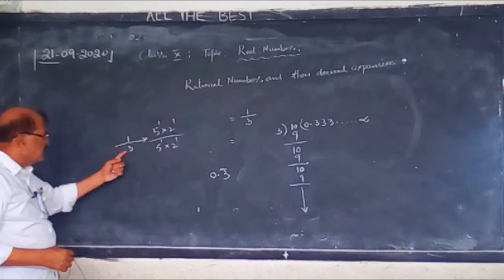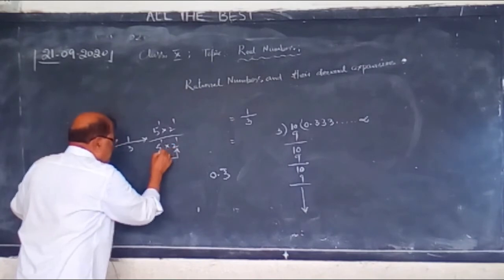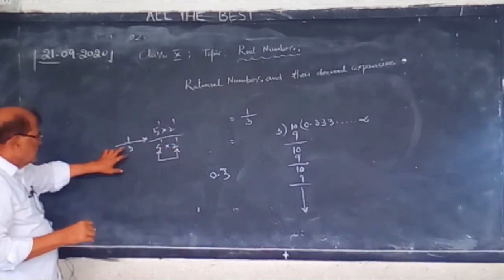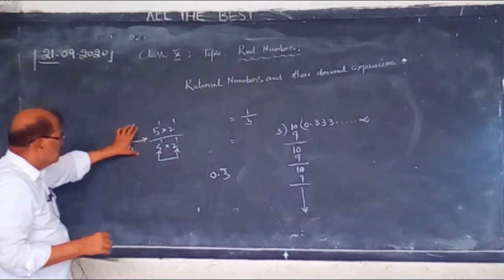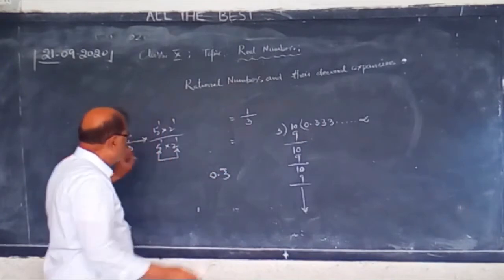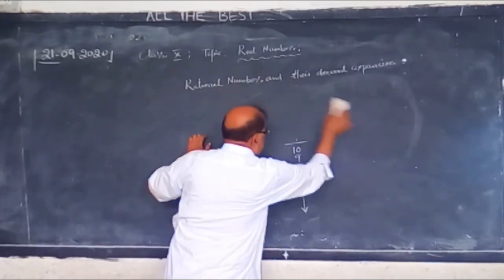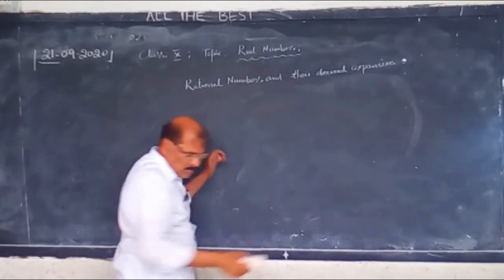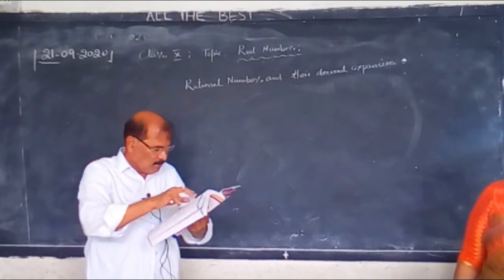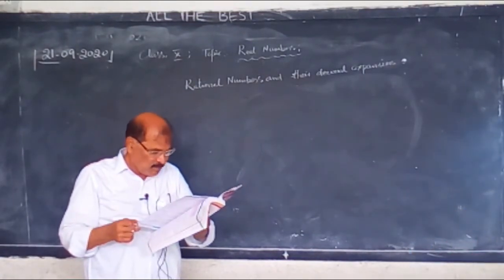But as long as there is a factor other than these two, you will not get a terminating decimal. You will be getting a non-terminating decimal. Hope that you will understand this. And there are few problems related to this in the same page. There are 4 problems. You can do it by yourself.